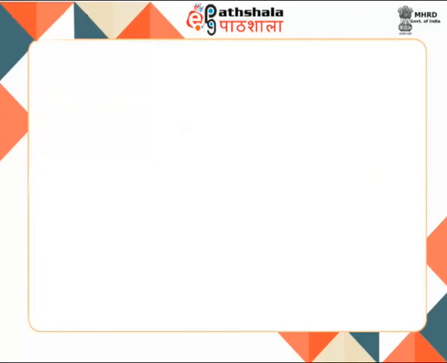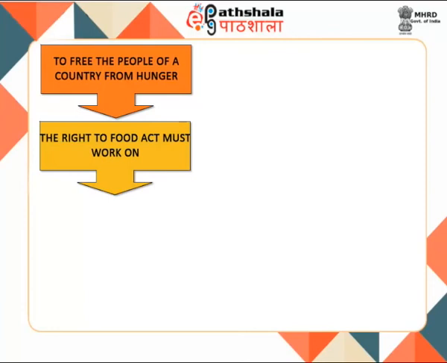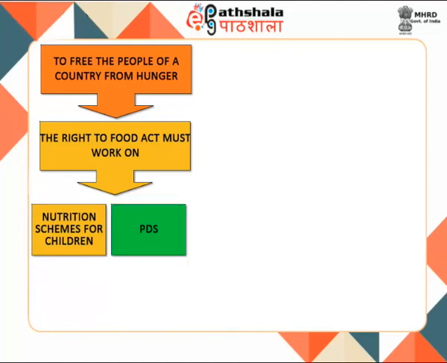A poor, ill fed, and undernourished population is more of a drag on the economy. To free the people of a country from hunger, malnutrition, and any deprivation associated with the lack of food, the Right to Food Act must work on nutrition schemes for the children, the PDS, assistance to vulnerable groups, and other interventions.